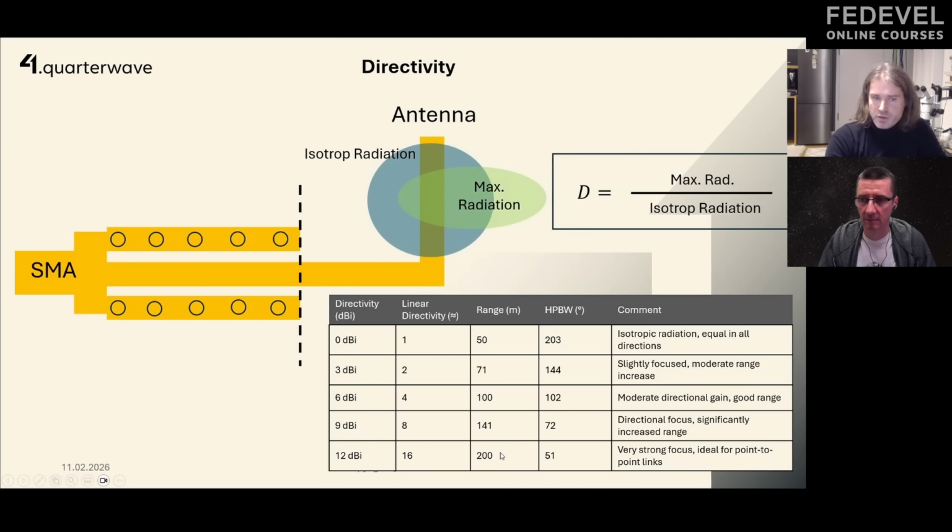But the problem is you get increased range only for point-to-point communication. If you try to communicate to the back of the antenna, you will get trouble, because you will have no power on the back of the antenna, only in one direction.